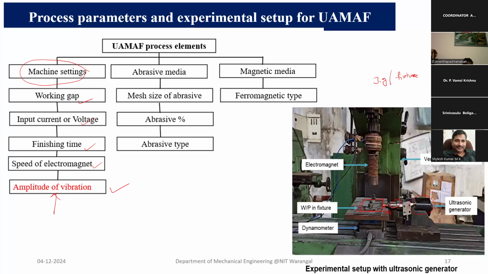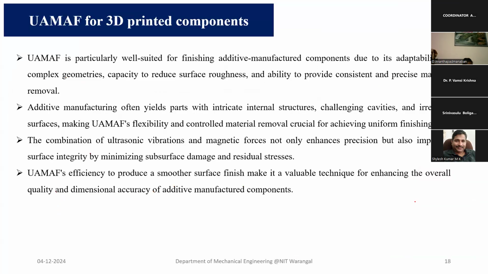This is the same machine and the total setup is the same. Only we are keeping the workpiece in a jig with the setup of giving the ultrasonic vibration. Actually, either the MAF setup or the UMF setup, we can use for 3D printed components.